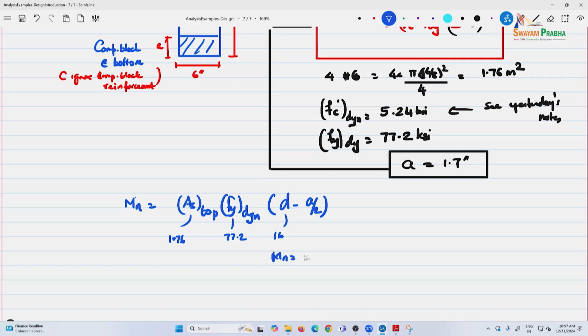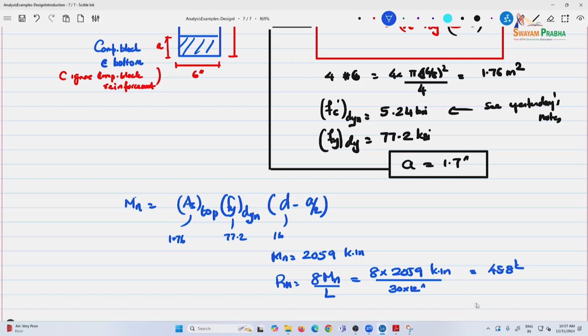So the moment resistance comes to 2059 kip-inches, and Rm is 8 Mn by L, which is 8 times 2059, and the span was 30 feet, 45.8 kips.